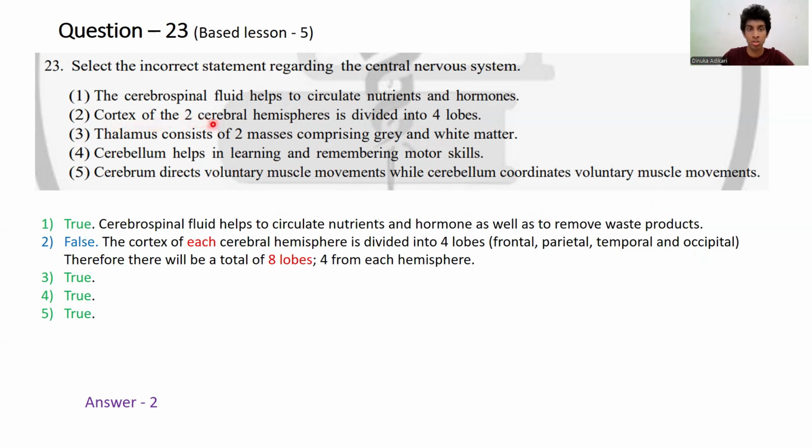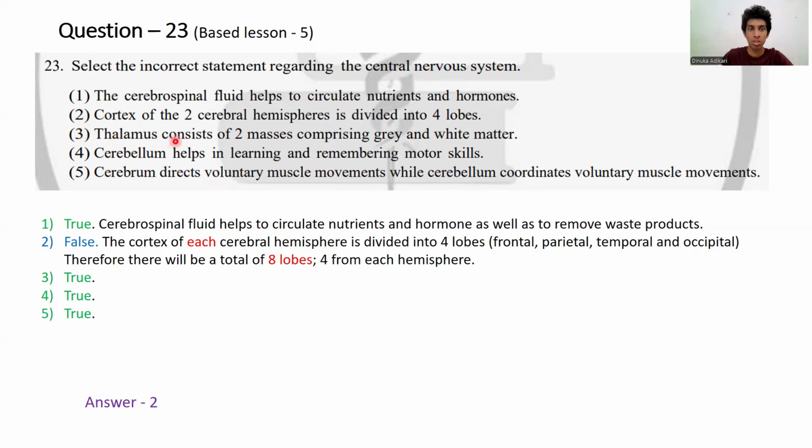Cortex of the two cerebral hemispheres is divided into 4 lobes. That's false because the cortex of each cerebral hemisphere is divided into 4 lobes. Those are frontal, parietal, temporal, and occipital lobes. Therefore, there will be a total of 8 lobes, 4 from each hemisphere. Therefore, the second statement is false.